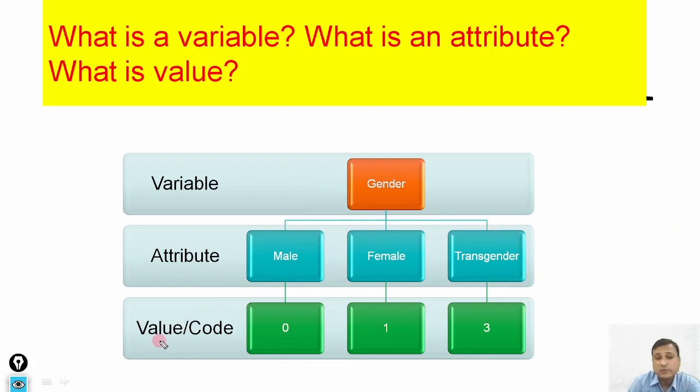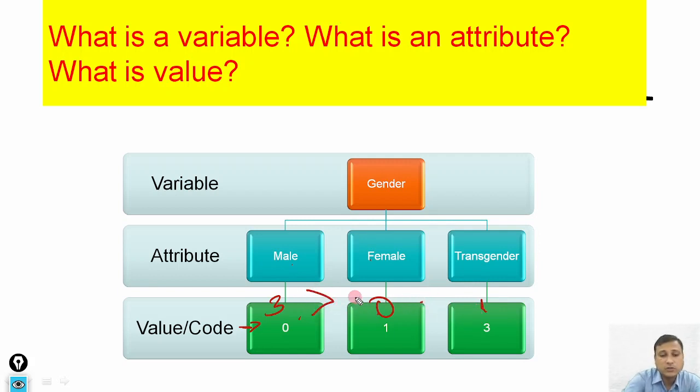And what is a value? For the variable, a value is the number which we allot to the attributes. So for male we have used 0, female 1, and transgender 2. There is no thumb rule. You can use 3 for male, 0 for female, and 1 for transgender. No issue. It is not that 3 is greater than another.